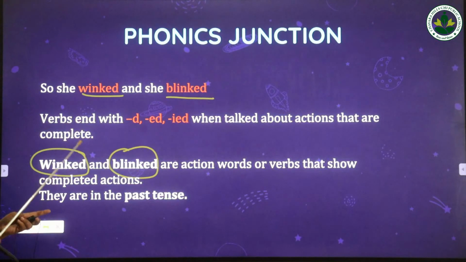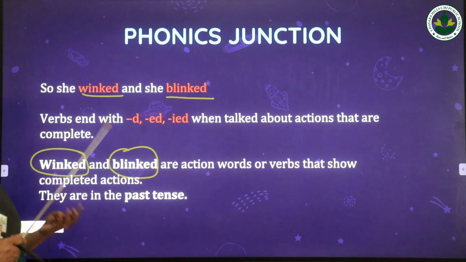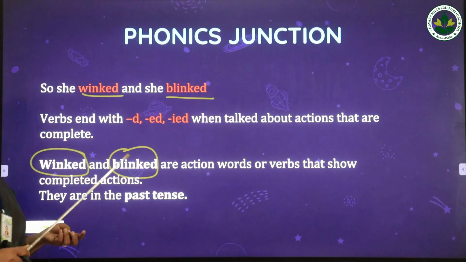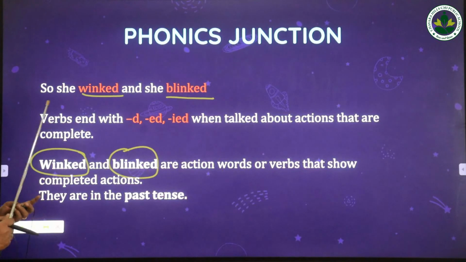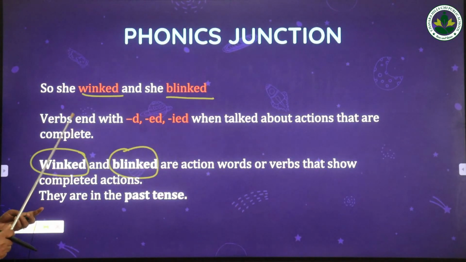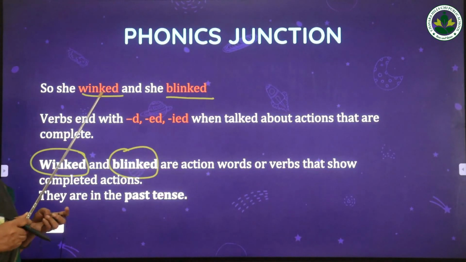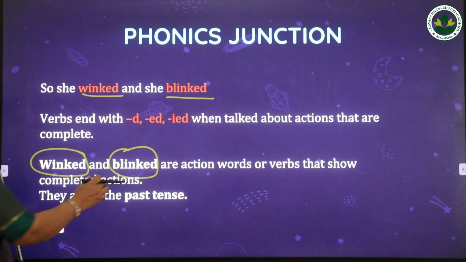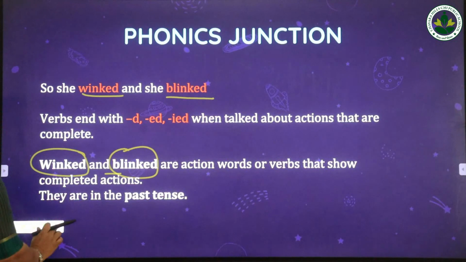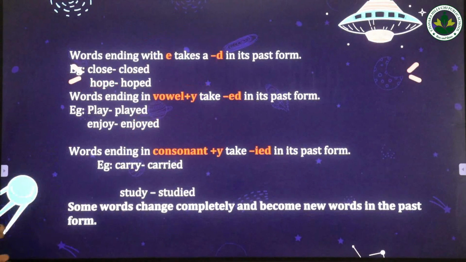The next one is past tense. How do we identify whether the sentence is present or past? If the sentence is past tense, the verbs will end with D, ED or IED in most of the cases. But there are some verbs which do not end with D, ED or IED.